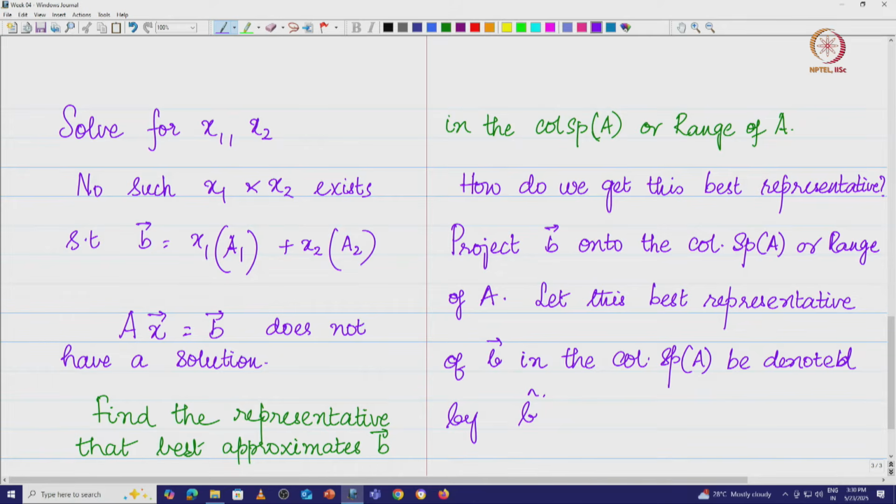B hat is now going to be in the column space of A. I may not be able to find x1, x2, instead I can find an x hat, say x1 dash and x2 dash, such that A into x hat gives me B hat, subject to the condition that the squared error between B and B hat is minimum, and that is exactly what we call our least squares solution.